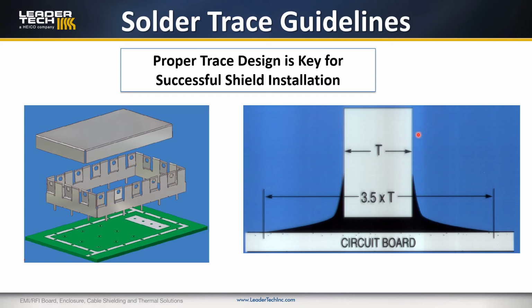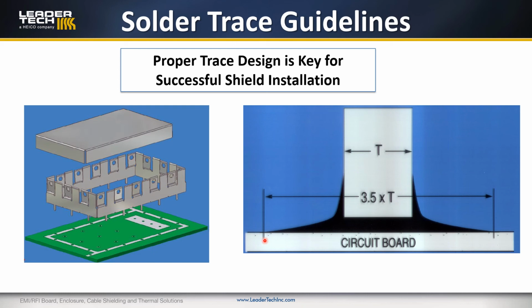This diagram here represents the straight edge of material of a circuit board shield, and the solder joint, the trace pattern would be here, and we need that trace pattern to be an absolute minimum of 3.5 times what the material thickness is. So if you have a 10 thousandths thick metal, you need a trace width of 3.5 times that, so 35 thousandths.